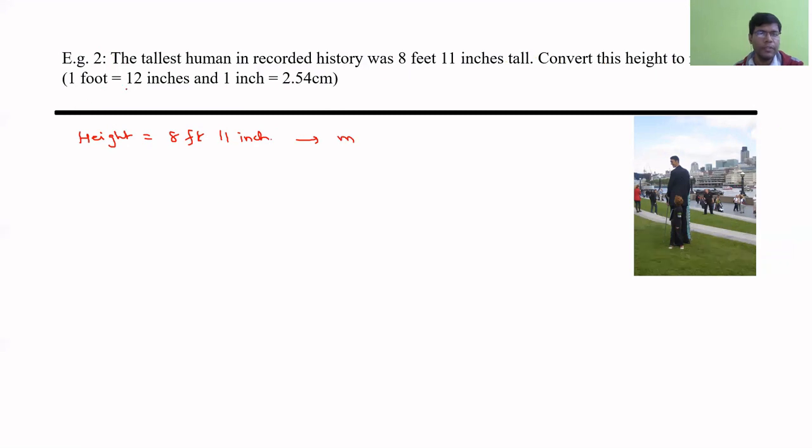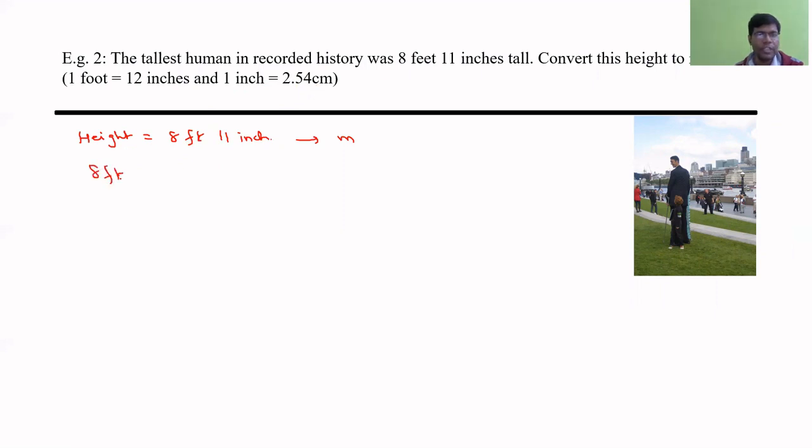So 1 foot is equal to 12 inches and 1 inch is equal to 2.54 centimeters. So basically he has given the conversion which we have to use to convert this particular height to meters. First of all, because we know that 1 inch is equal to 2.54 centimeter, let's convert this given height in terms of inches.